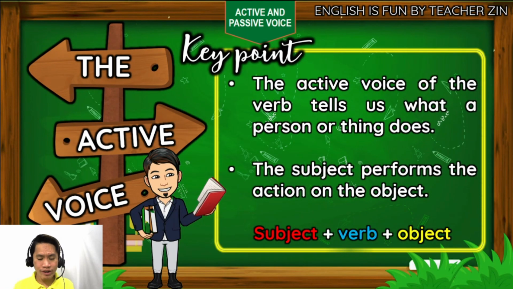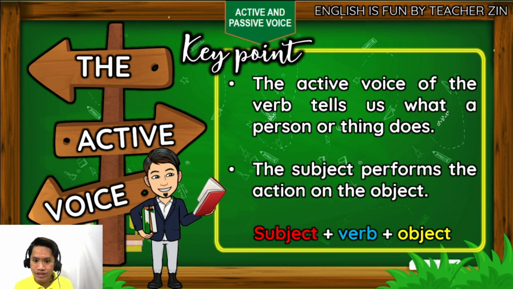As I told you earlier, the first sentence in the two examples that I gave is the sentence in the active voice. Now, what is a sentence in the active voice? The active voice of the verb tells us what a person or thing does. This indicates that the subject performs the action on the object. Again, the subject performs the action on the object.